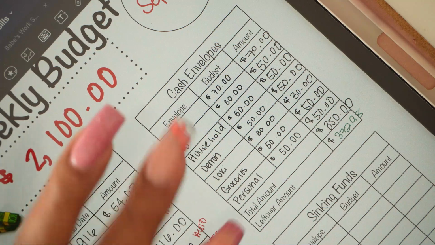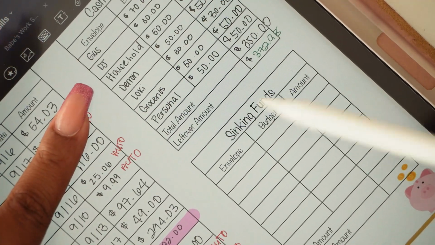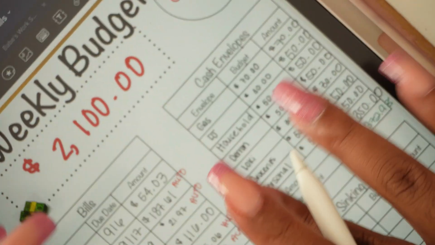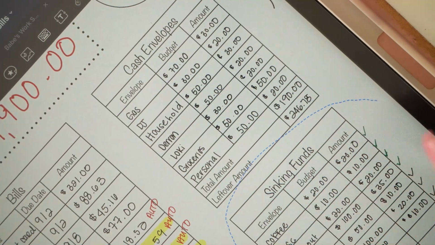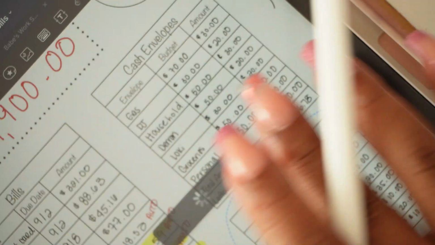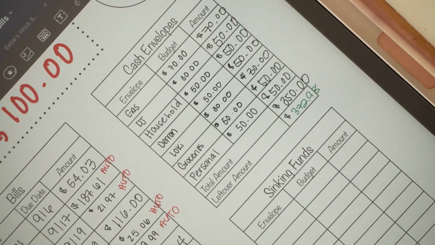Now I need to redo this so that I have more spaces for my sinking funds, but we're gonna use what we got. So we're gonna go again, copy and paste from last week's.